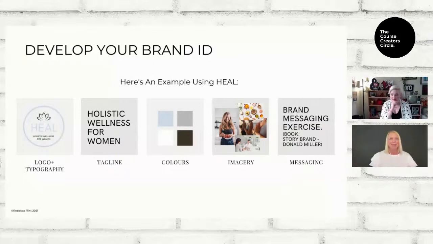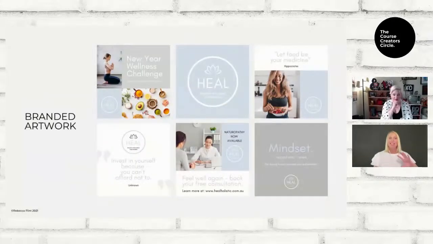Fantastic. So now we can take a look at how we take that brand identity, those assets and elements in the brand identity, and start to look at building out some branded assets. So you can see here we've got our colors, our typography, our imagery, our messaging. Everything is here and it's looking really consistent and really nice.